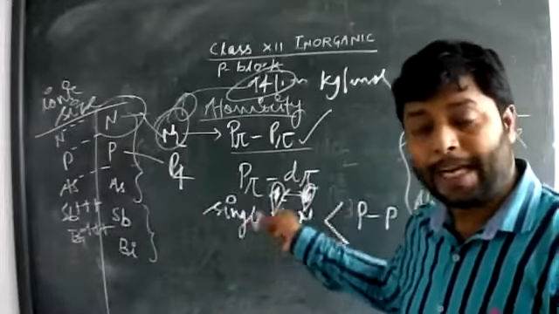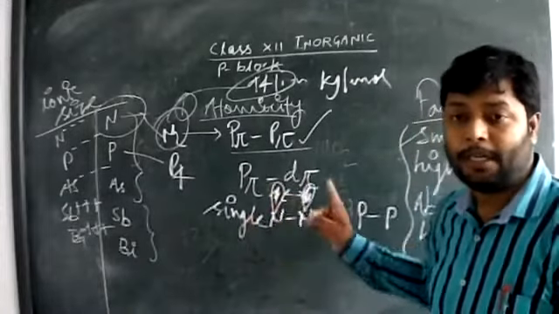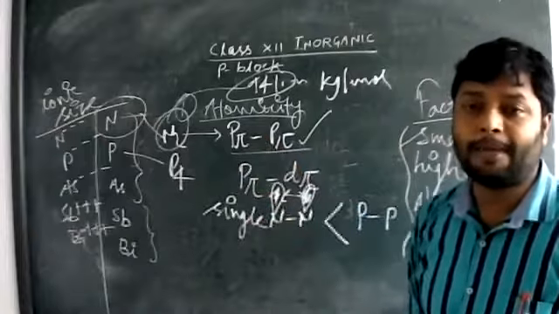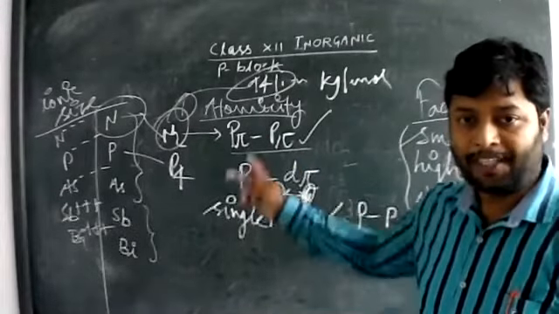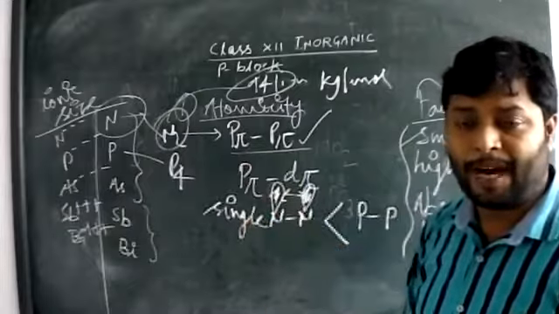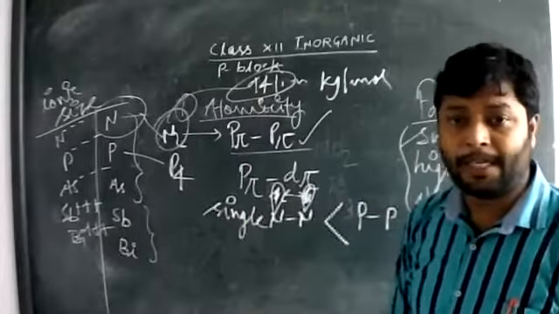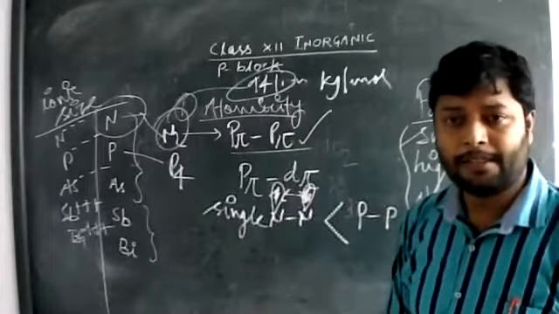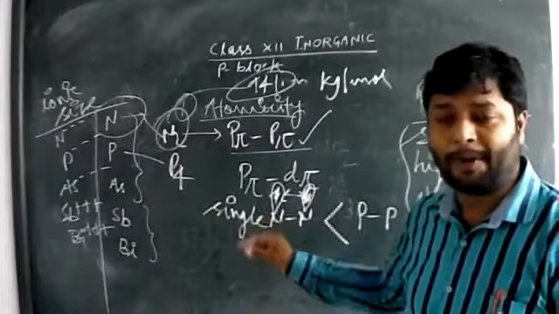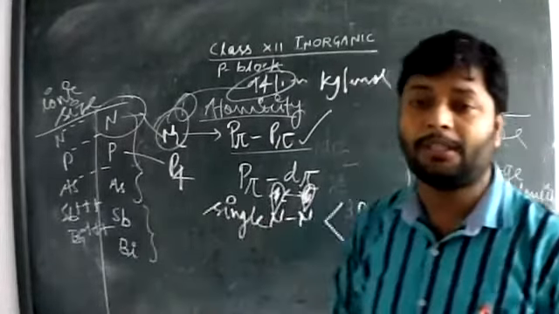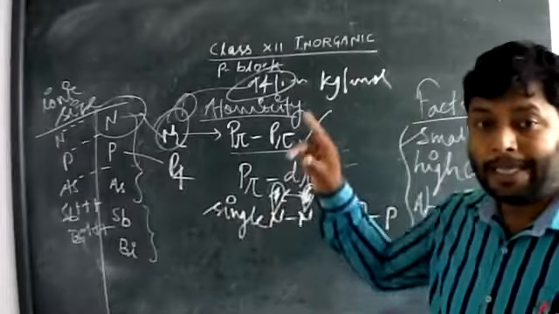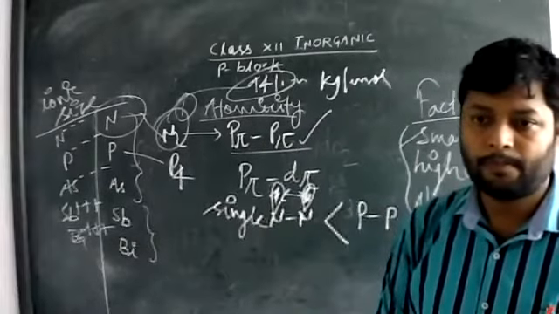This is also anomalous behavior of nitrogen compared to the rest of the members of the same group. So atomicity, p-pi bond formation, high bond enthalpy, stability, and this single bond character are some anomalous behaviors of nitrogen which are not present in the other members of the group.